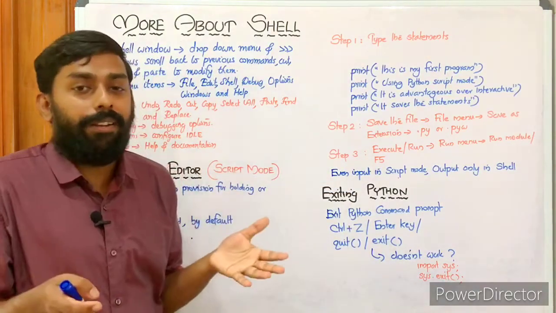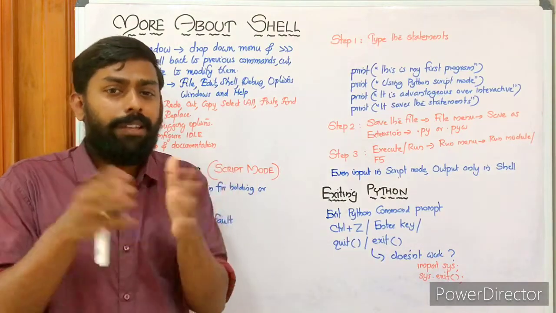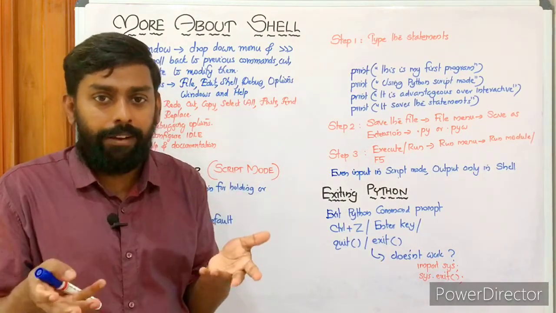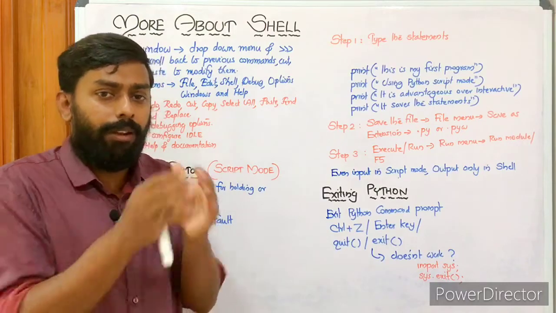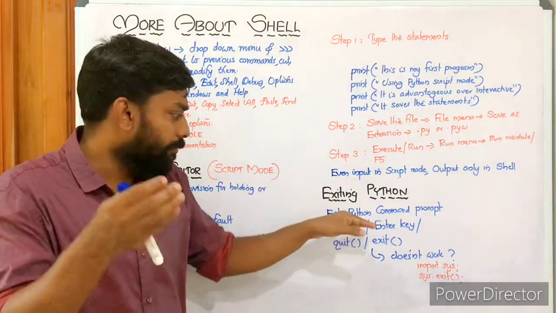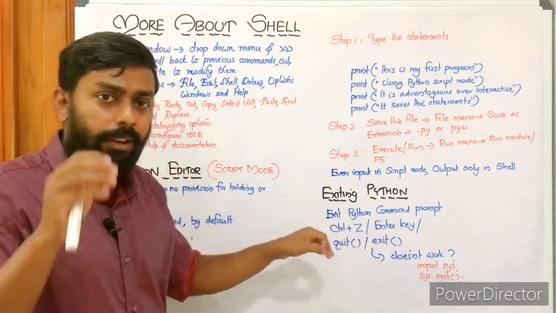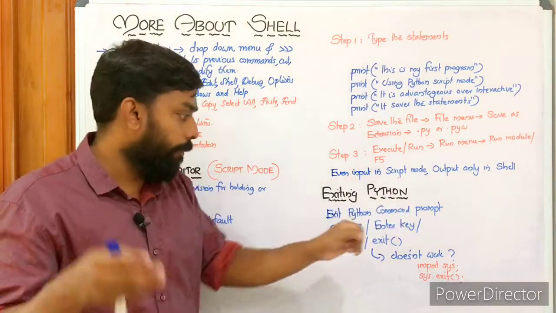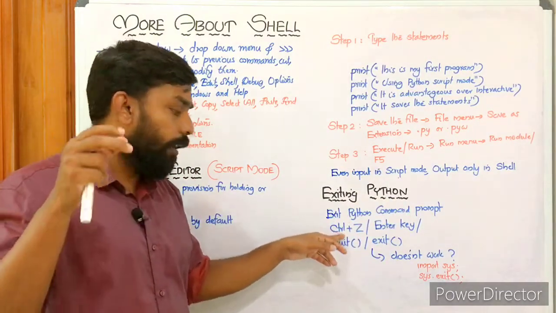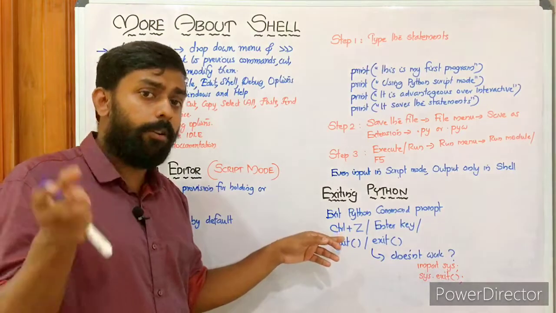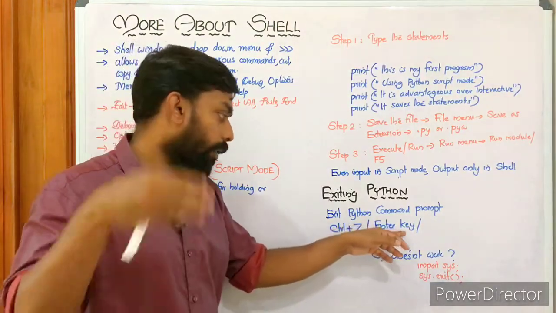After completing our Python program, you can exit out of the software, the IDLE. You can close it, or you can make use of any of these options. To exit the Python command prompt, we use either Control plus Z and the Enter key.